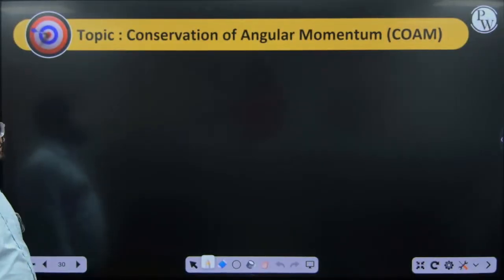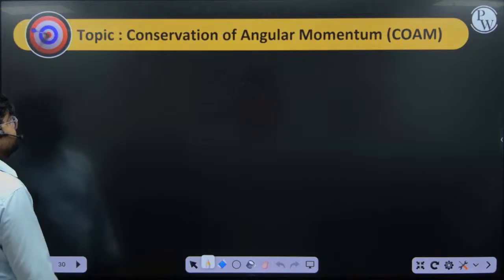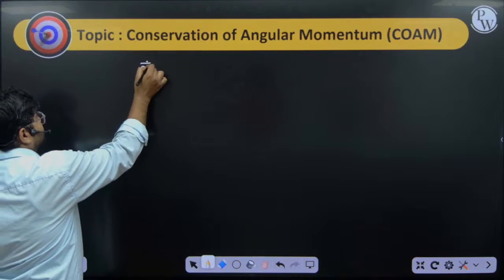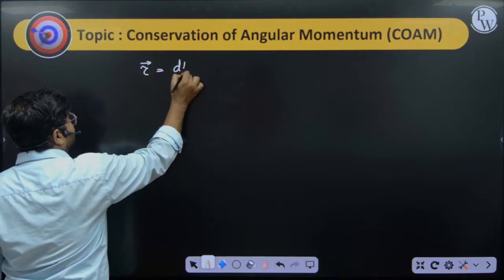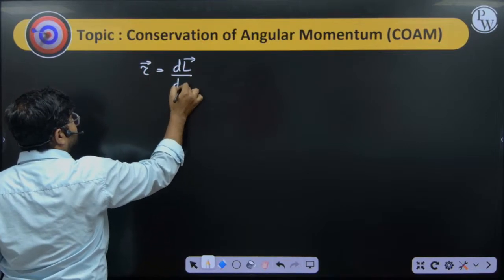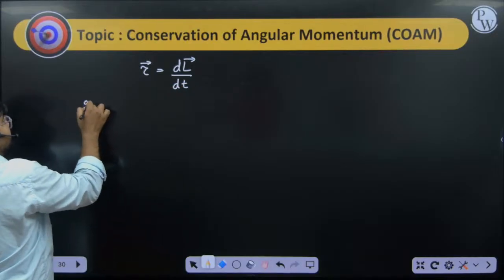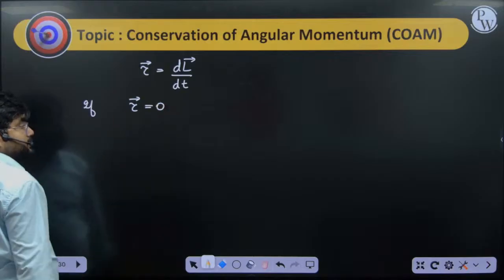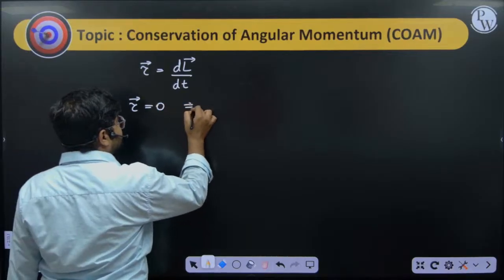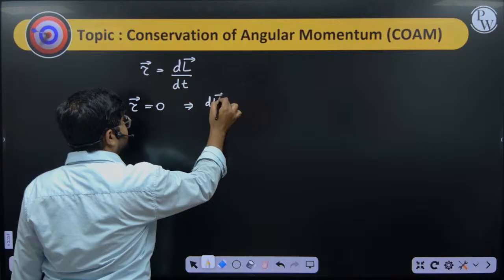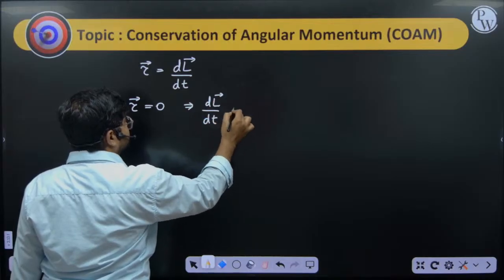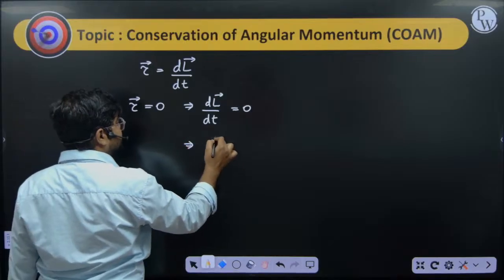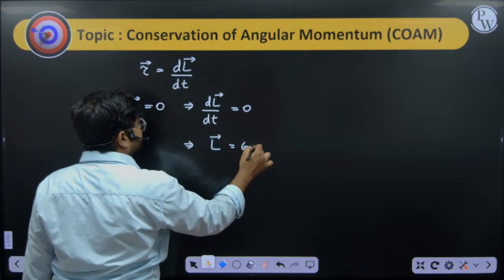Next is conservation of angular momentum. We know torque can be written as rate of change of angular momentum. If the torque acting is zero, which means dL/dt is zero, differentiation of something is zero when that something is a constant.